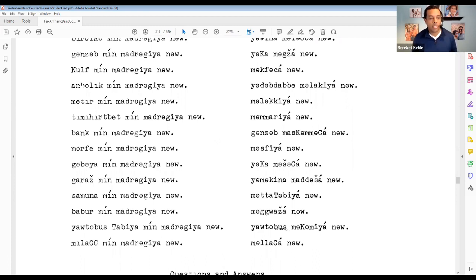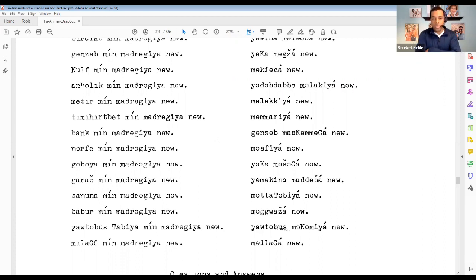Meter min madrigiano, to a meter, malakiano, to measure things, or to measure distance. Tibet min madrigiano, mariano, what is school used for? To learn. Bank min madrigiano, and maskamachano, to place money in. Murfe min madrigiano, and I believe Murfe was needle. Masfiano, that is masfat, to make, especially clothes.